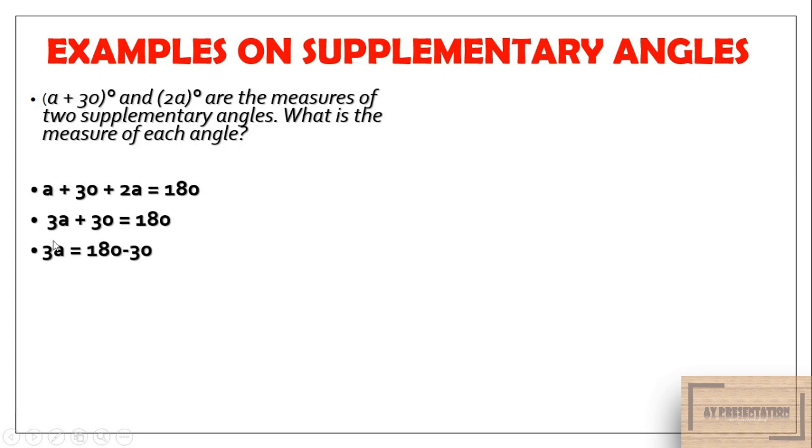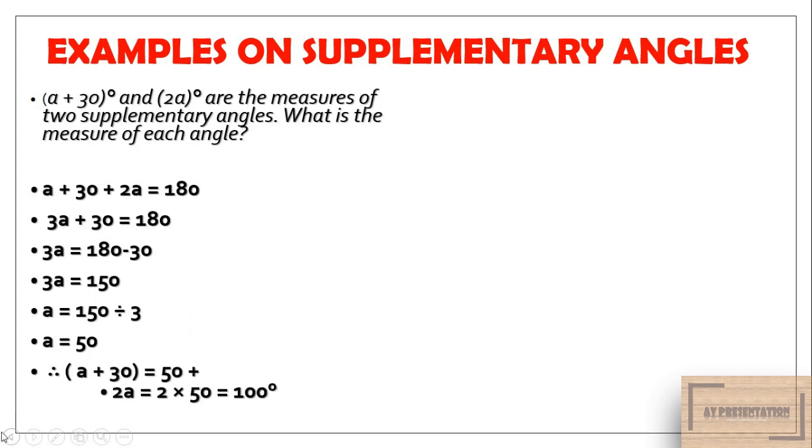Then positive 30 goes to the other side as minus 30. So 3a is equal to 180 minus 30, which is 150. Here 3 is multiplied with a, so it goes to the other side in division form. 150 divided by 3, that means a is equal to 50. We find the value of a, which is 50.